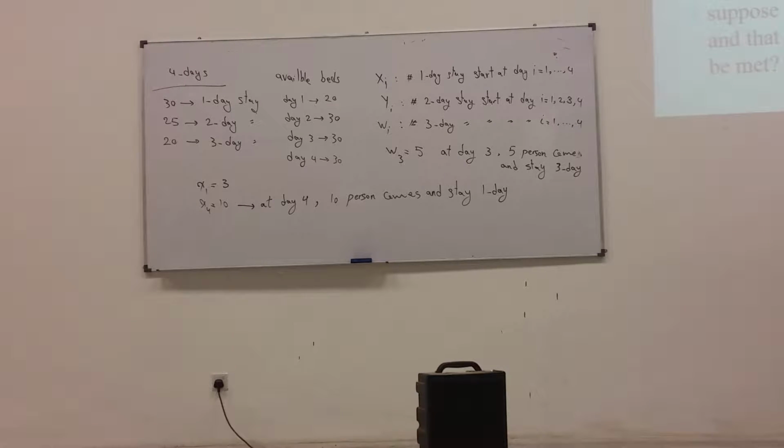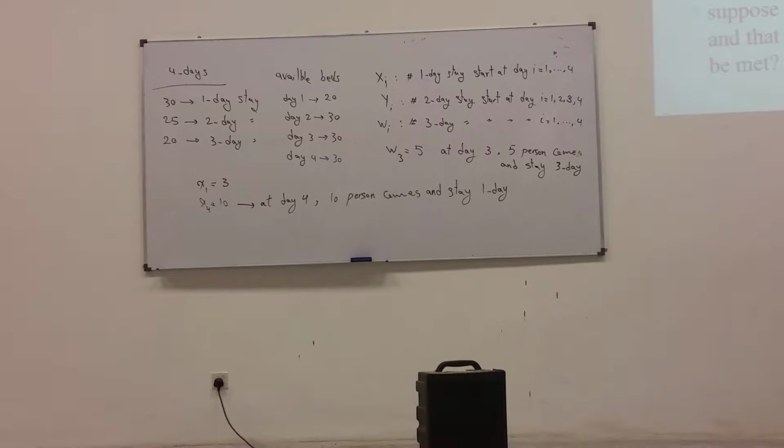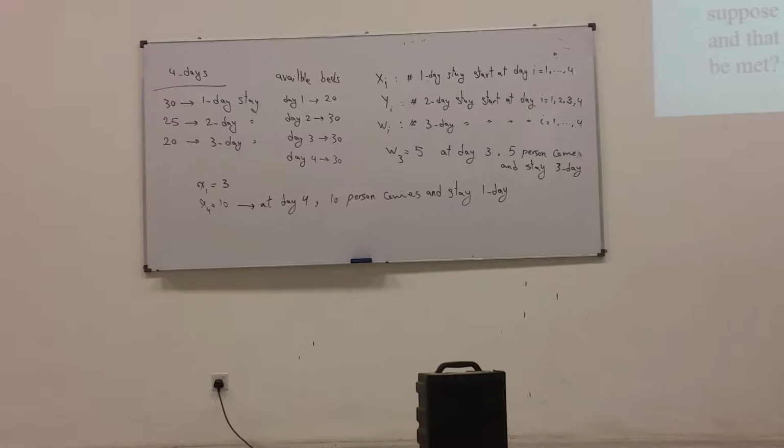Yes, Y2 come on the second day, so they stay until day 3. And W1, because W1 is a 3 day stay, from day 1 until day 3. So on the third day we still have W1 and we have W2, the people that come on day 2 and stay for 3 days. This should be less than or equal to 30.